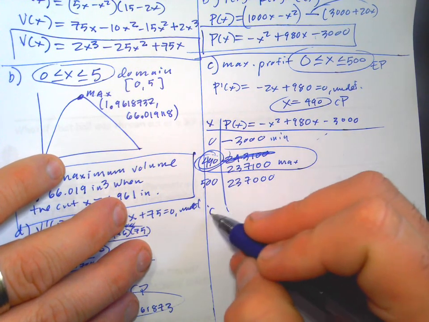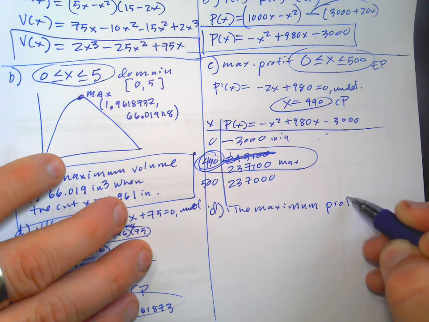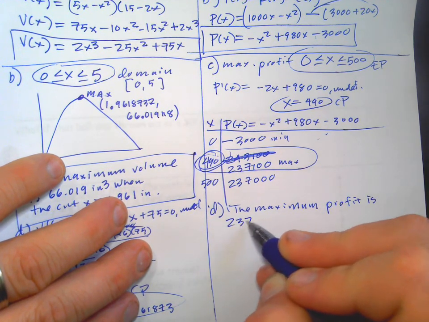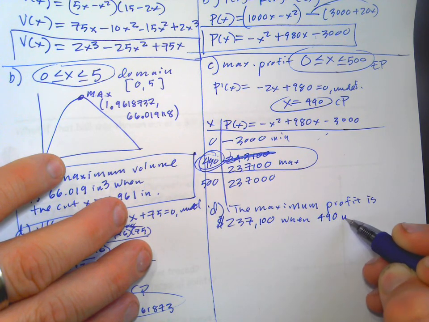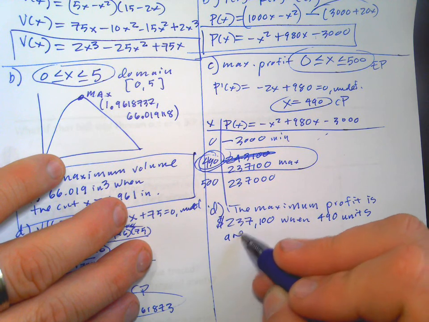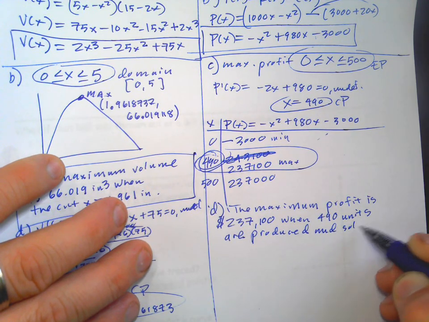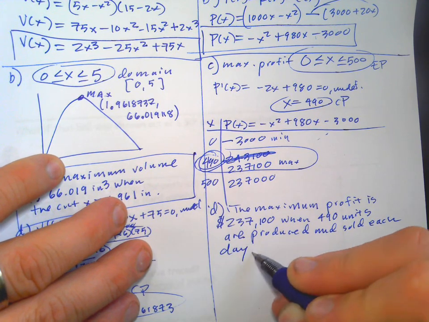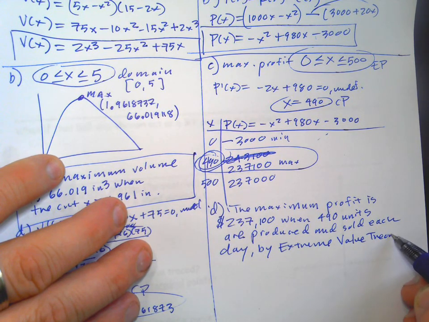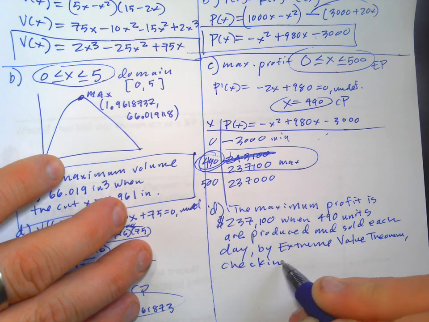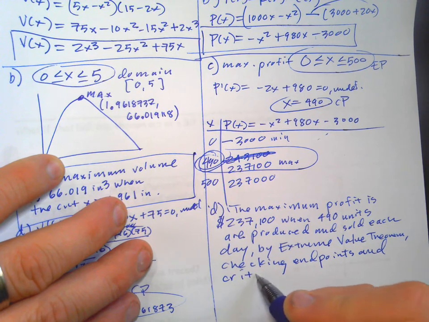Let's start by answering C and D. The maximum profit is this many dollars when 490 units are produced and sold each day, by the extreme value theorem, checking endpoints and critical points. Okay, good answer, good justification.